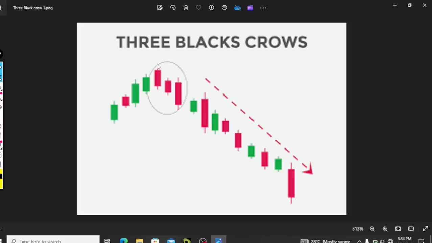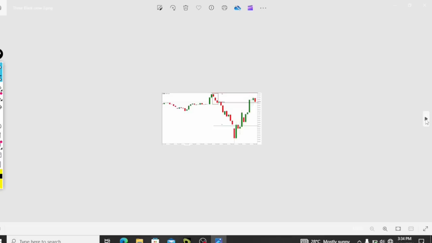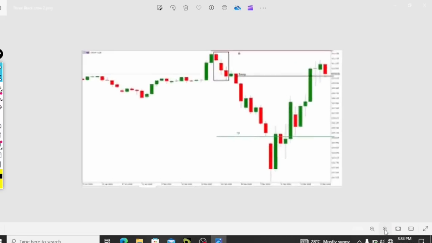All right, so whenever you notice 3 black crows, just know that the next move is going to be towards the downside. And if you get used to it, it is a game that is going to profit you anytime, any day. So I want you to take note of all the places it occurs.